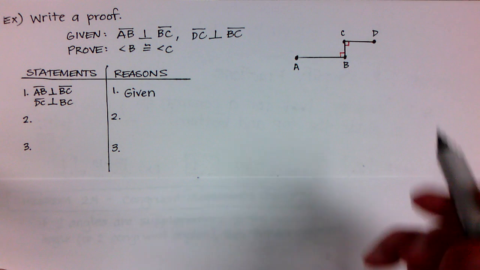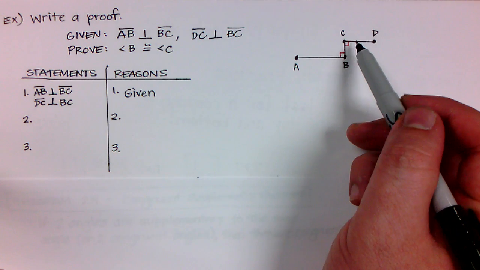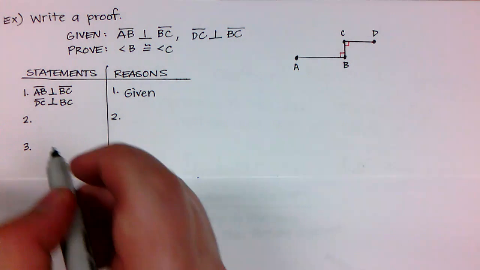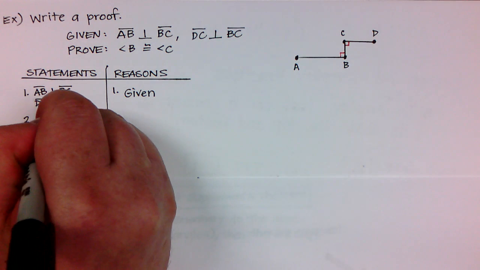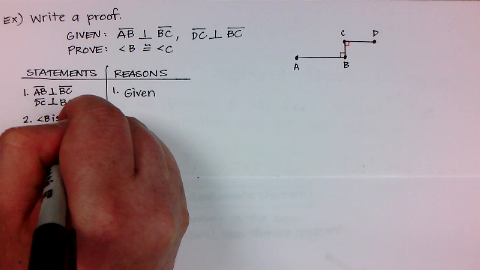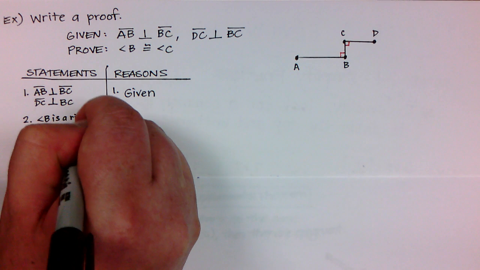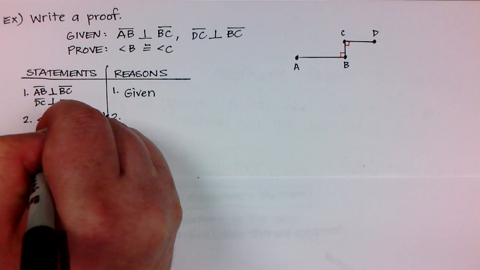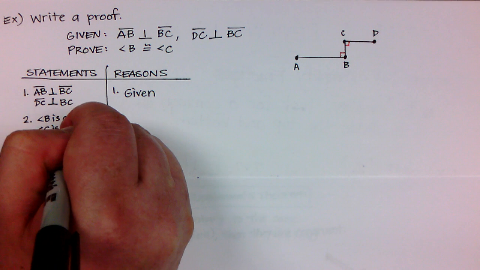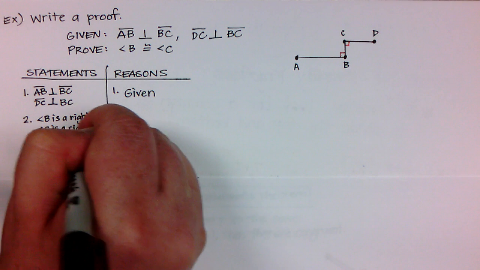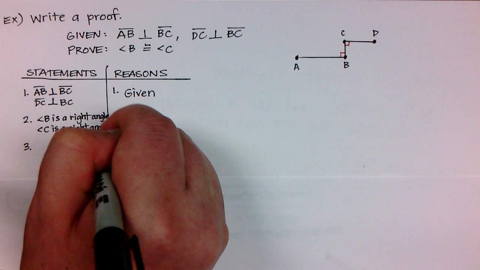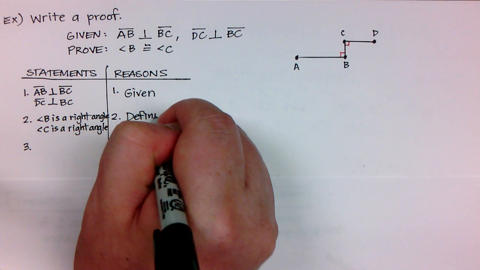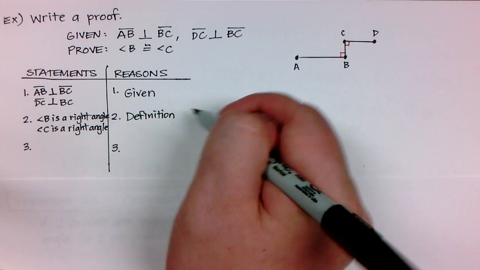So I see that both of them are right angles. This is just the definition of perpendicular lines. So I could see that angle B is a right angle, and also angle C is a right angle. That's from the definition of perpendicular lines, that they meet at 90 degrees, a right angle.